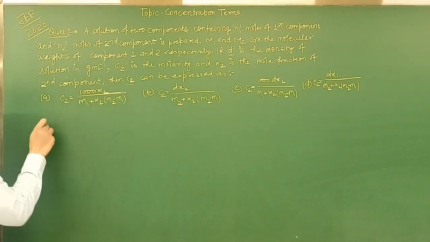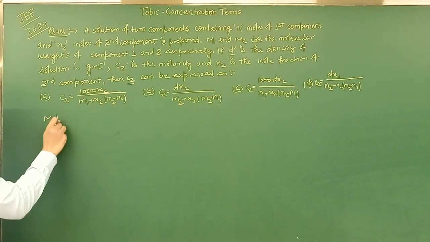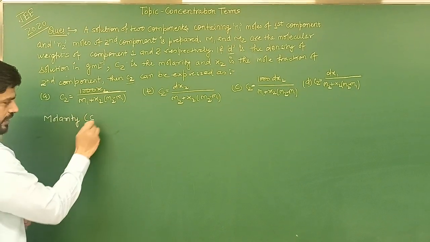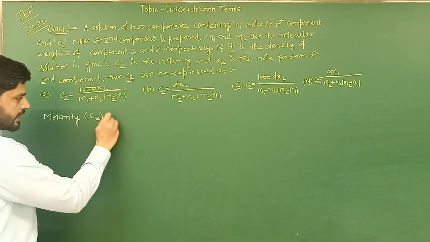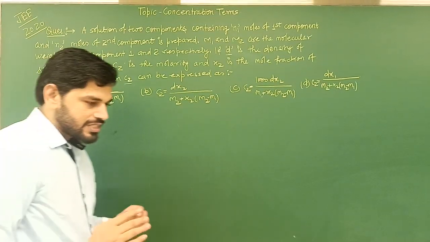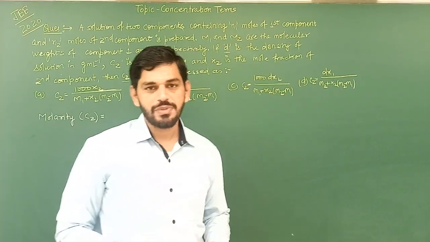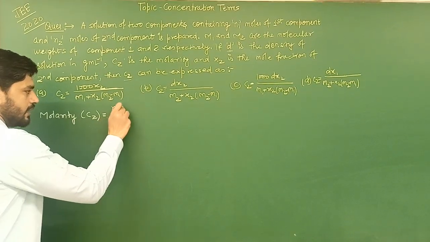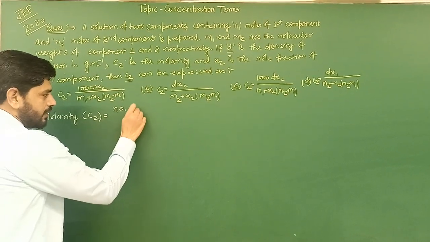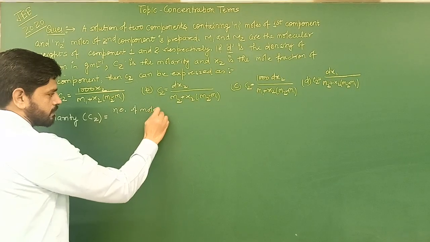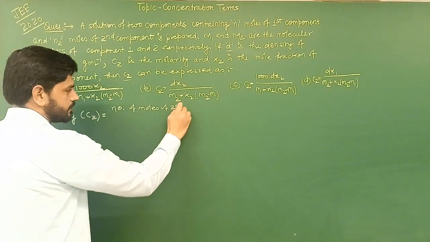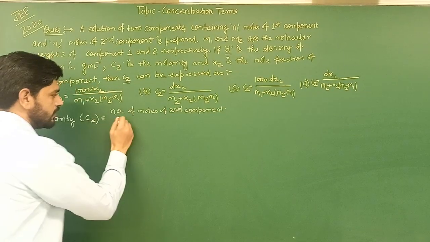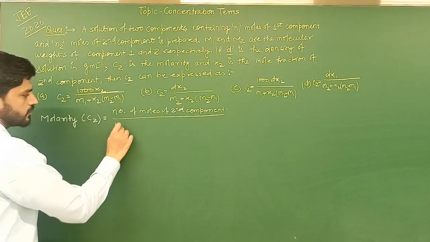So firstly write the definition of molarity. As we know, the molarity, here it is represented by C2, and 2 is used for the second component. Molarity basically represents how many moles are present in 1 liter of solution. So how can we write the molarity? This is the ratio of the number of moles of second component divided by volume of solution.